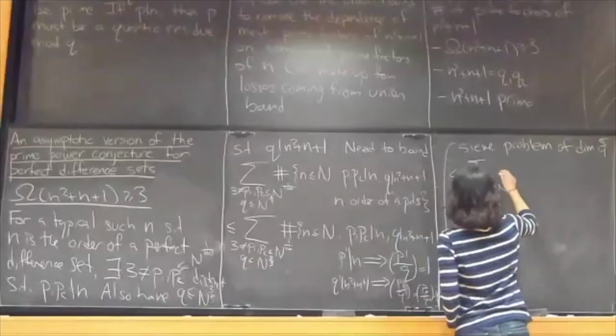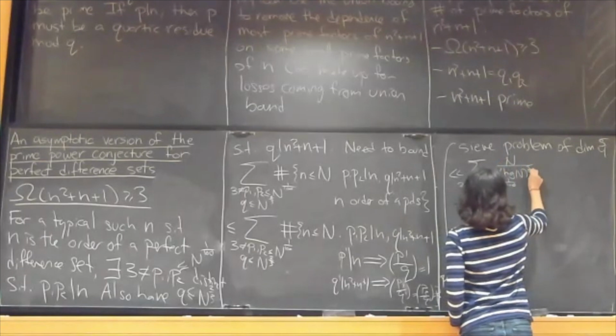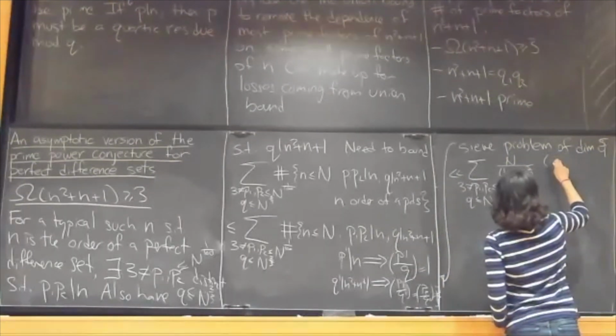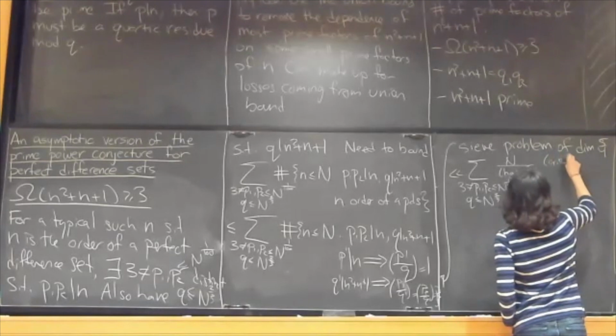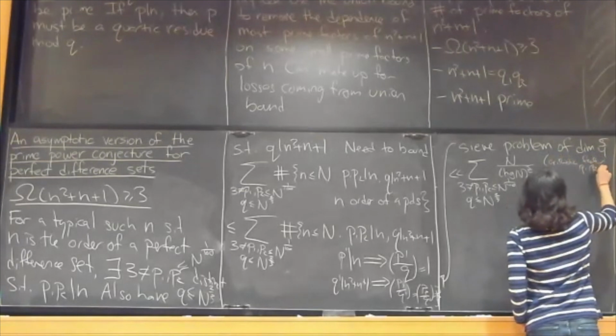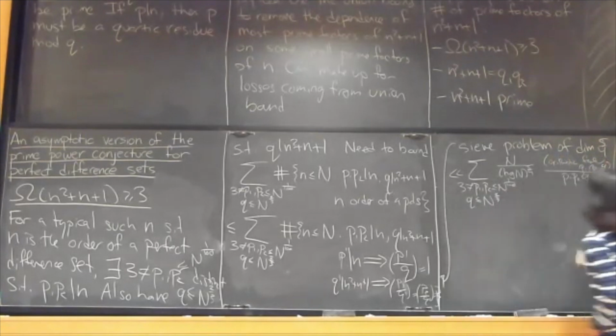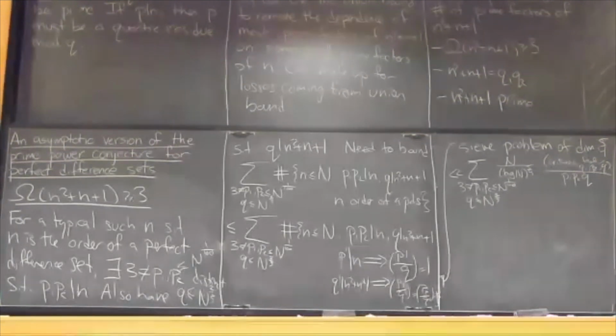And over, again, 5/4 times some kind of arithmetic factor depending on p1, p2 and q, divided by p1 times p2 times q. This arithmetic thing, just some product of partial Euler products of some Dirichlet L-functions depending on p1, p2 and q, is really small on average.